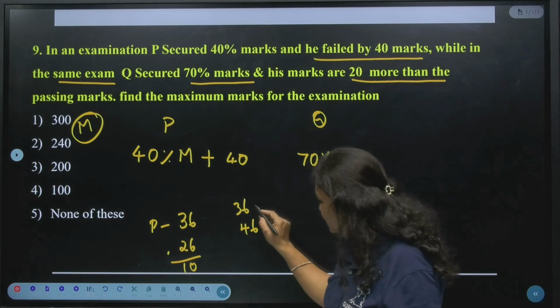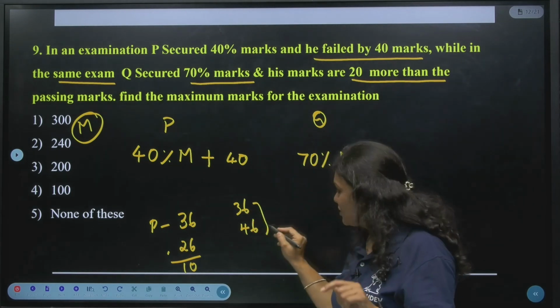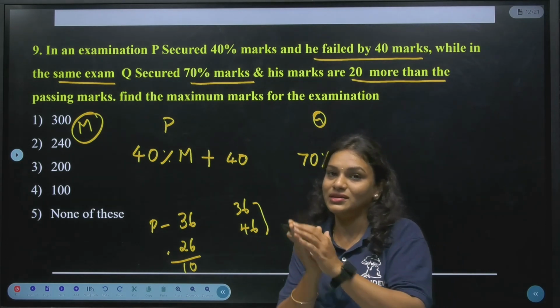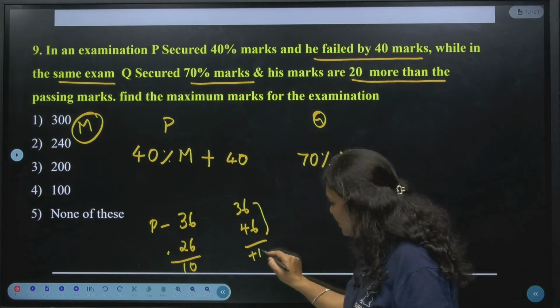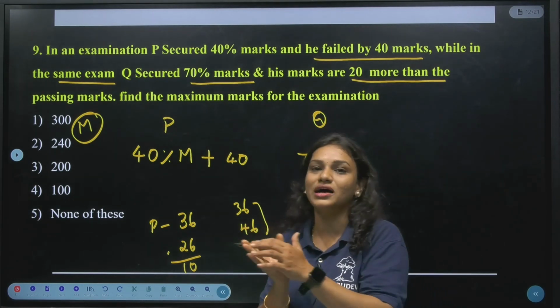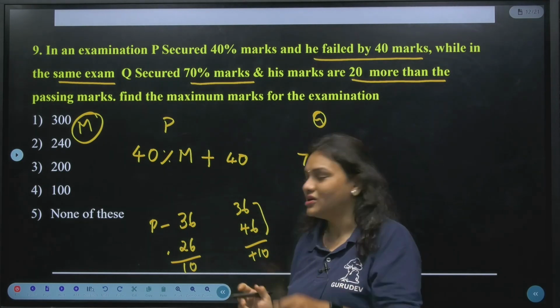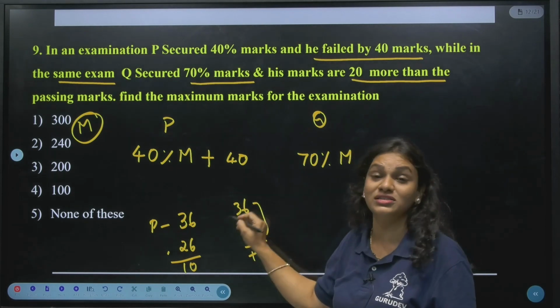Just think once, guys. So if it is 10 marks more, to get the passing marks I should deduct 10 from the obtained marks, which is 46 minus 10. Then I get the passing marks, which is 36.